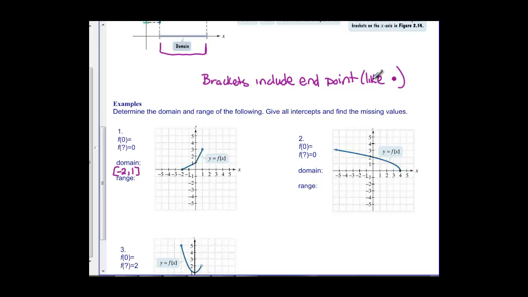If we didn't use a bracket, if we used a parenthesis, which we're going to use in a few examples, a parenthesis does not include the endpoint. It just means that it stopped there and didn't include it.